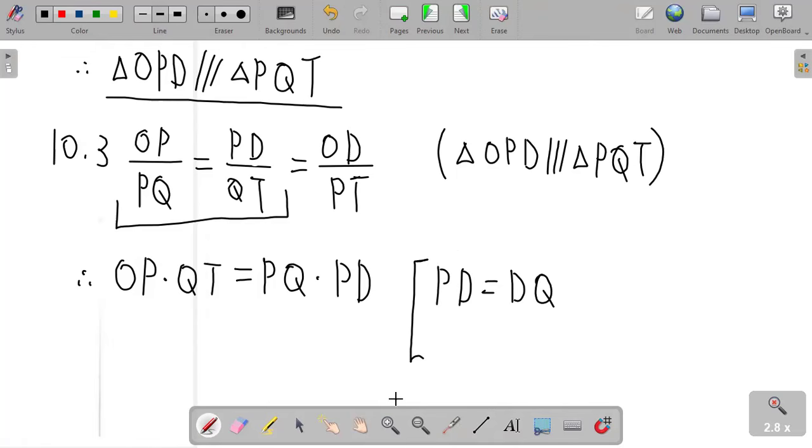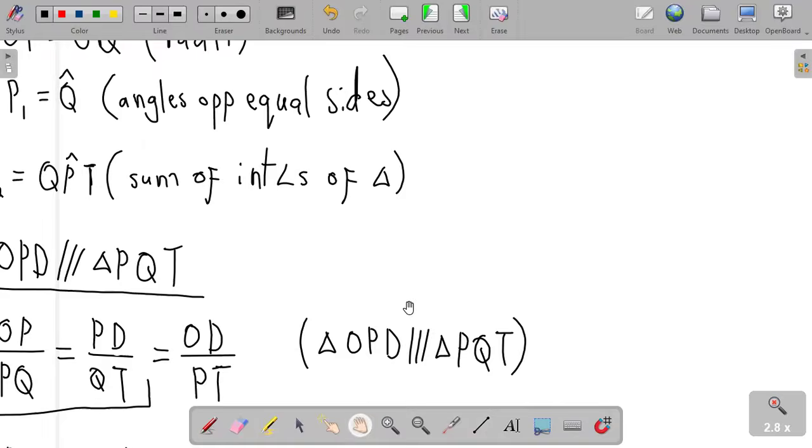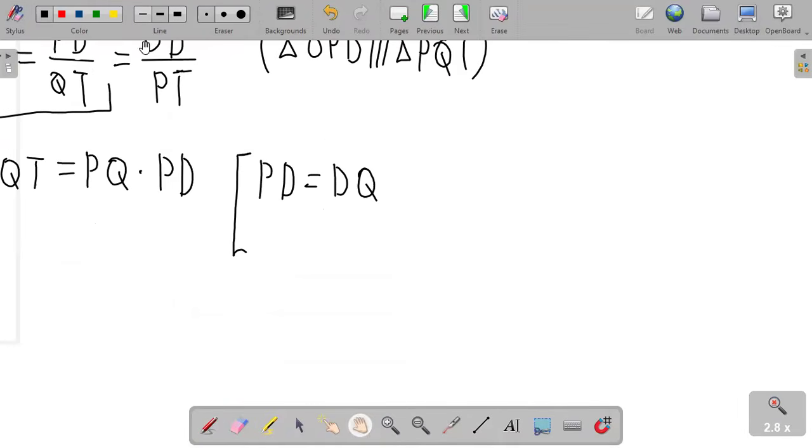PD and DQ, it was given in 10.1. And then what else do we know?